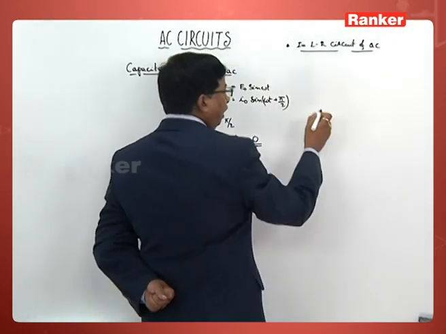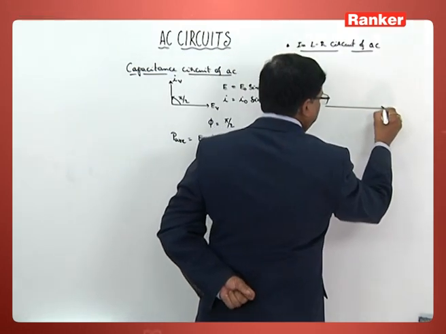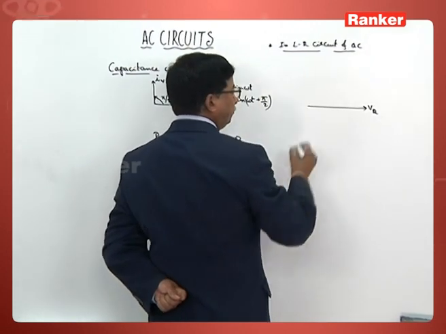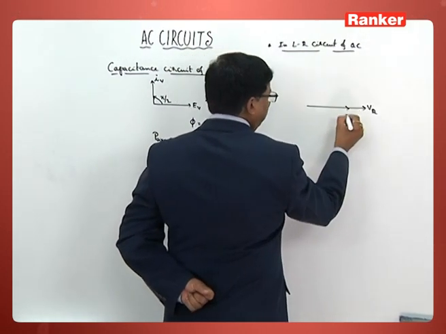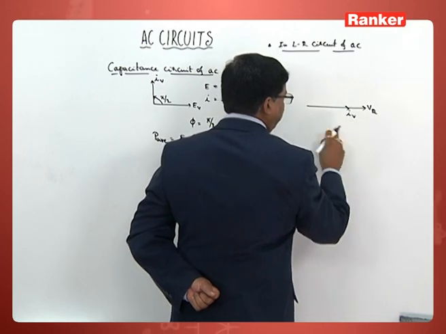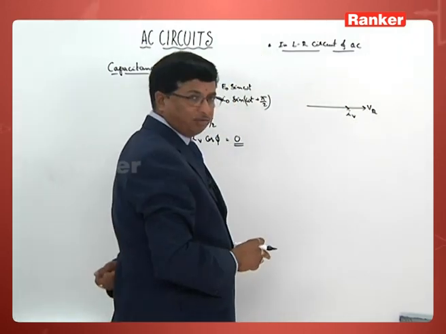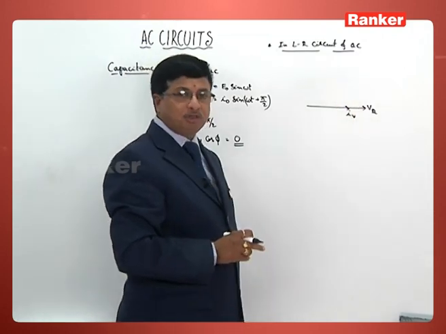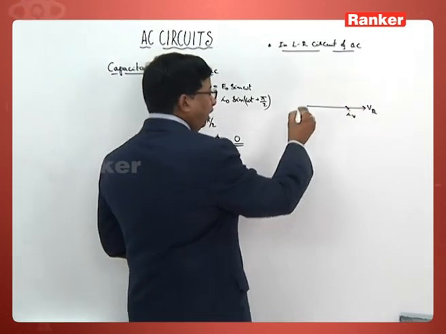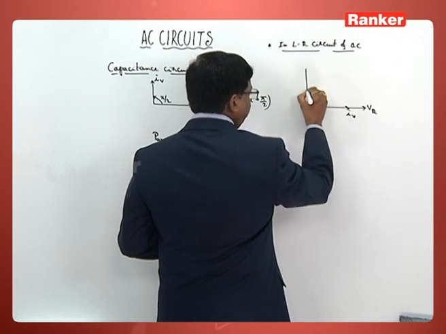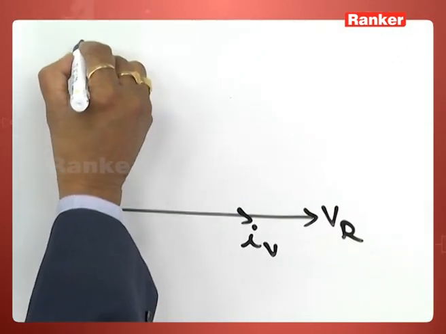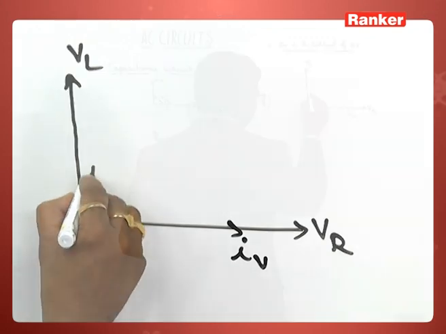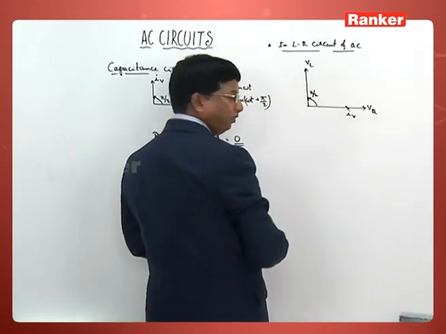In the case of the LR circuit, if I consider this is the voltage across the resistor, then the virtual value of current will be along the same phase as that VR. Whereas the EMF, that is the voltage across the inductance, now leads this current by pi by 2 radian.